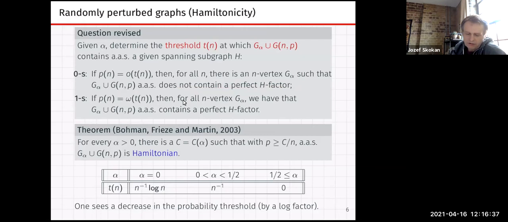So on one end, you will have to find a construction of this G_alpha such that if you add random edges with that given density p, you will not be able to find a perfect H factor.